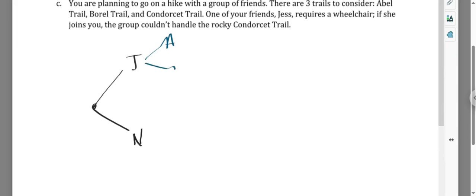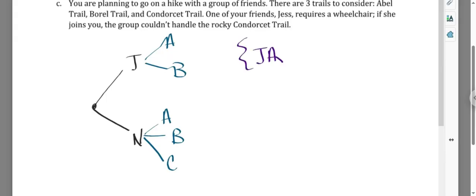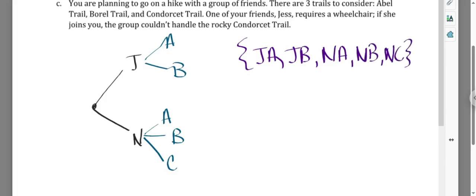So we can only do these 2 trails if we have Jess. We can do all 3 trails if she's not with us. So those would be your options.